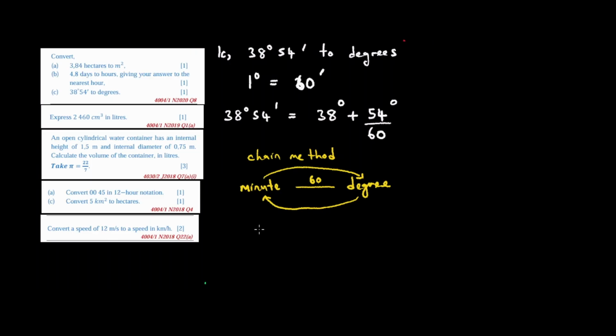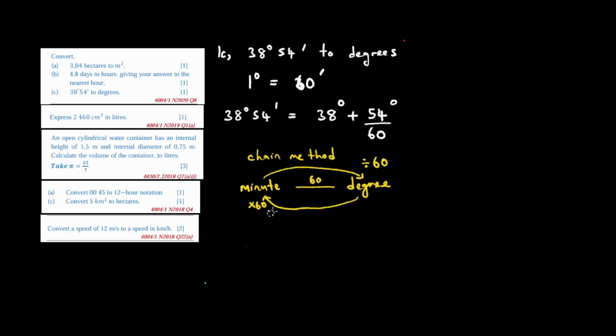Let us assume kuti tine 60 minutes, tiroda kuisa 60 minutes kuma degrees. Handi tichadivide na 60 kuti tiwane 1 degree. Kureva kuti kubva kuma minutes kuenda kuma degrees tinodivide na 60. Conversely, kubva kuma degrees kuenda kuma minutes chamultiplier na 60. Kana tagadzira aka ndo kanonzi ka chain method of conversion.